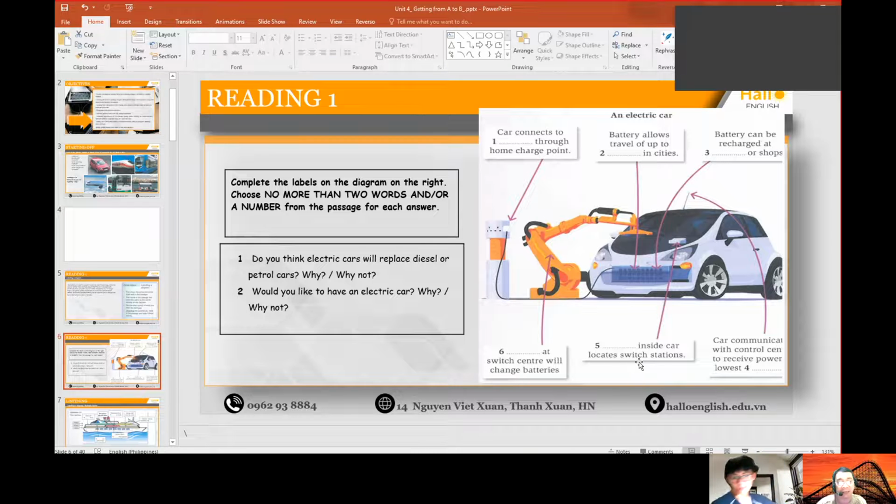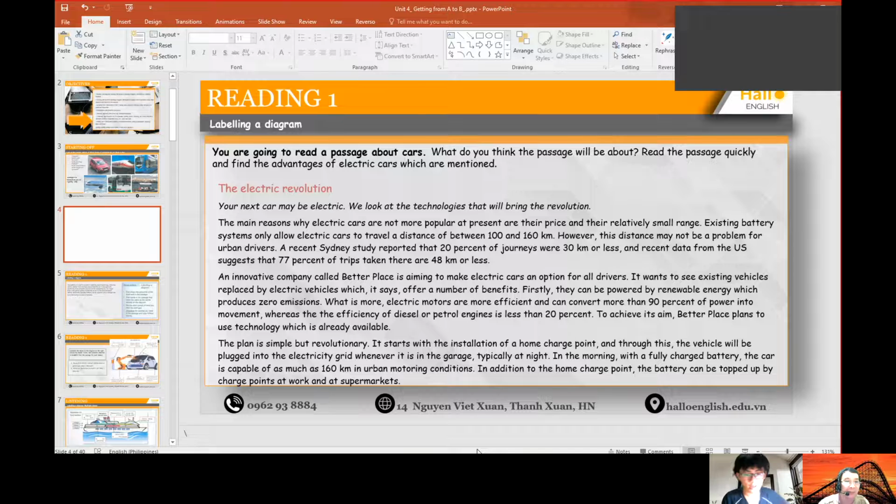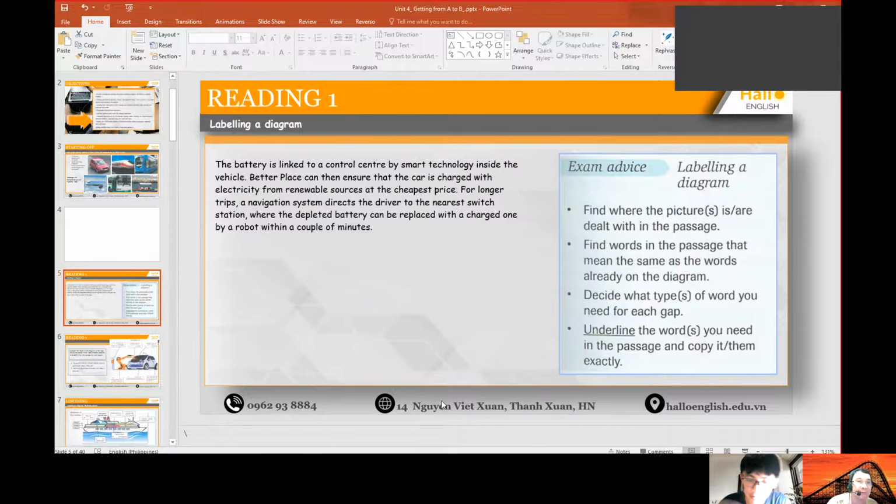Okay, next, number five. Blank inside all car cases switch locates switch stations. So blank inside car. What do we call that? Maybe in here.